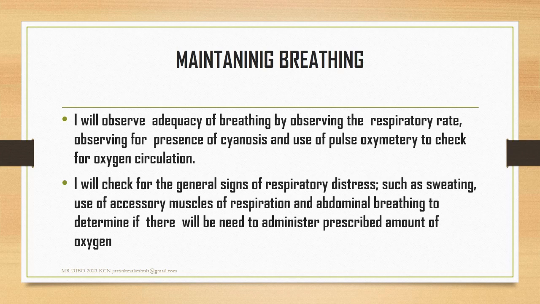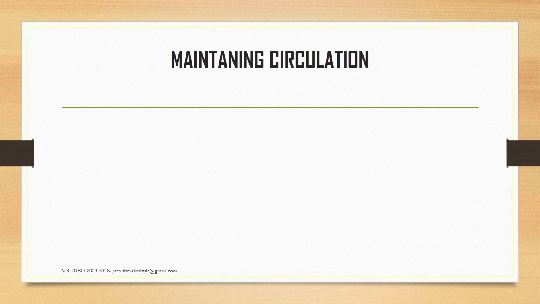You also check for any general signs of respiratory distress, such as sweating, use of accessory muscles of respiration, and abdominal breathing, to determine if there is need to administer the prescribed amount of oxygen. In case of any signs of respiratory distress, you need to administer the prescribed amount of oxygen, therefore maintaining normal breathing patterns.